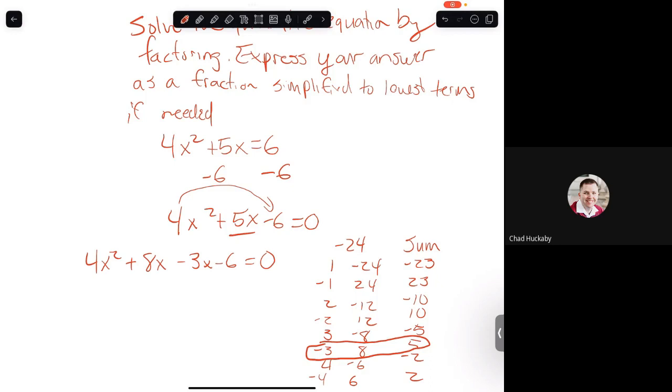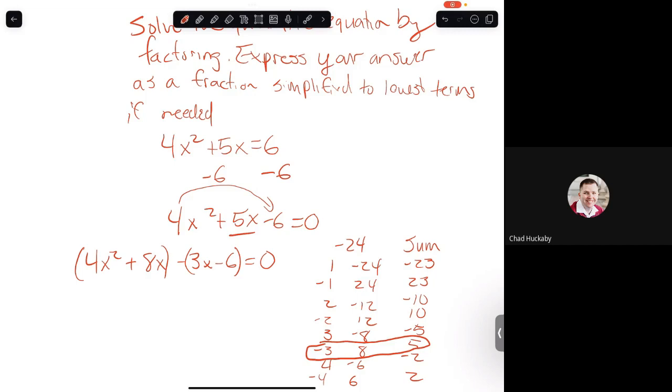And that's perfectly legal for us to do. Now you'll notice that I did choose to put the 8x before the minus 3x. And the reason I do that is because I want to group the 8x with the 4x squared and the 3x with the 6, because those will be able to get a common factor there.